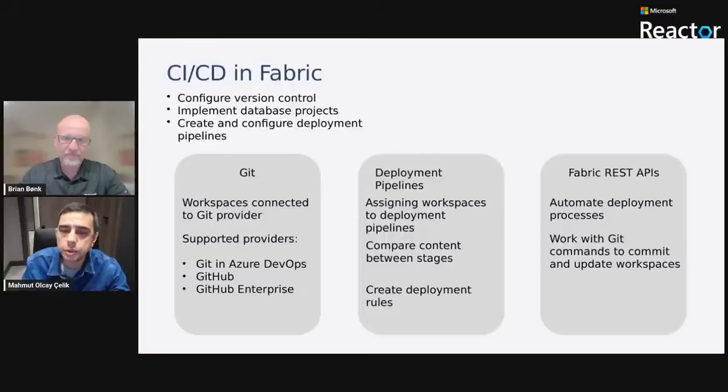It helps you to manage incremental code changes and see the history if you would like to retain it. And deployment pipelines let you promote changes to different environments like development, test, and production. And also, the last important topic is the Fabric REST APIs, which enable you to do automation and let you programmatically manage your CI/CD processes as well.